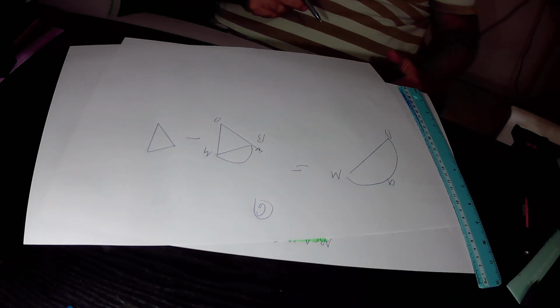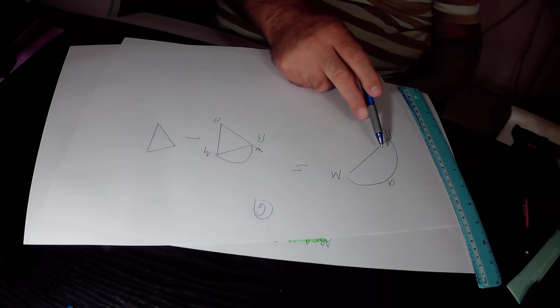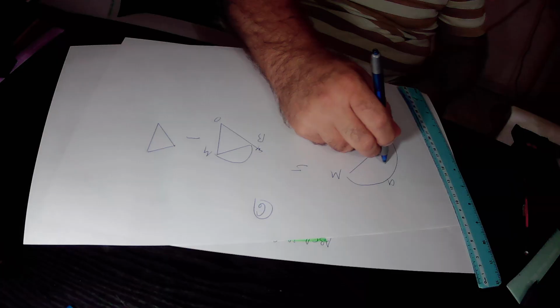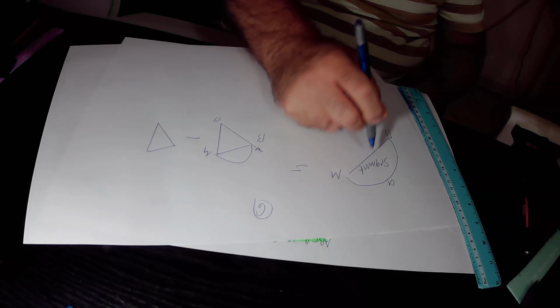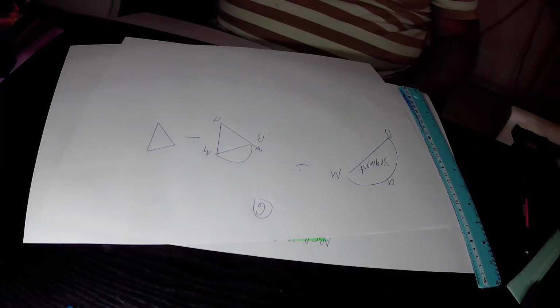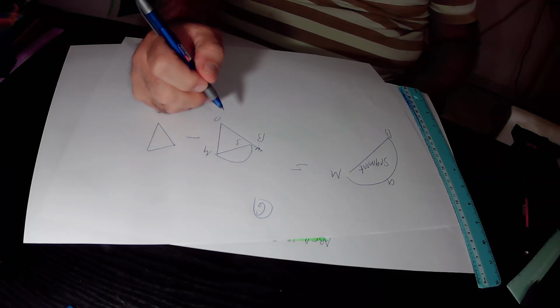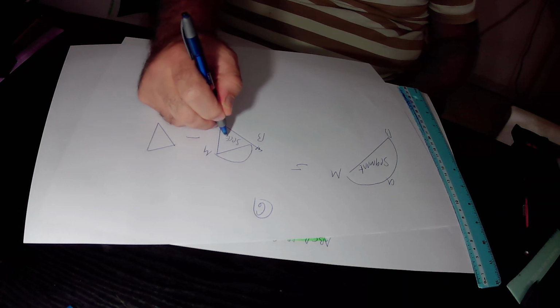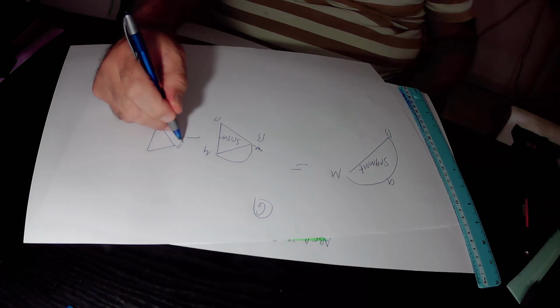Actually, it is very easy to see that the area of this segment BUM equals the area of this sector BOM minus the area of triangle BOM.